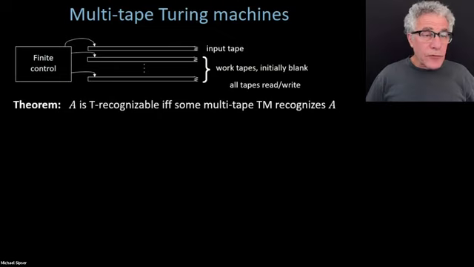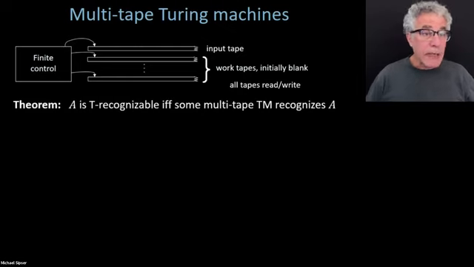What we want to first establish is that by having these additional tapes, you don't get additional power for the machine, in the sense that you won't have additional languages that you can recognize by virtue of having these additional tapes. You could imagine that having more tapes will allow you to do more things.